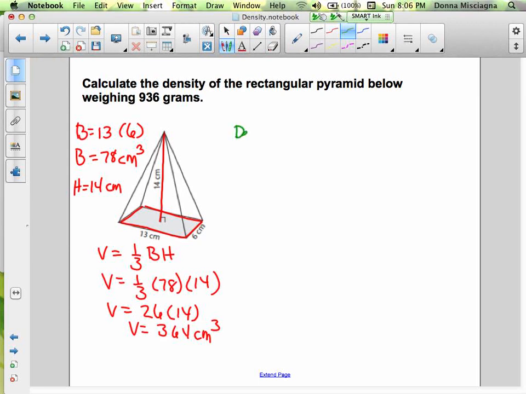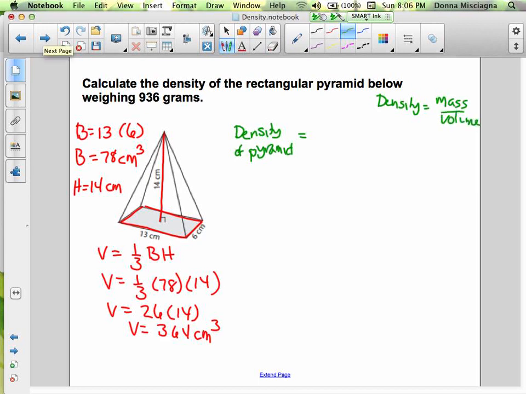So the density of the pyramid. And as a reminder, I'll just put the formula here for density. So density is mass divided by volume.